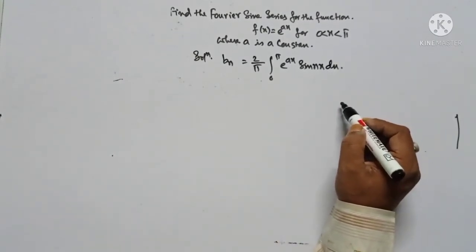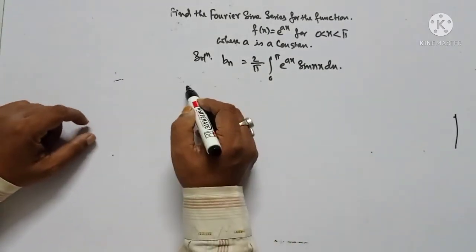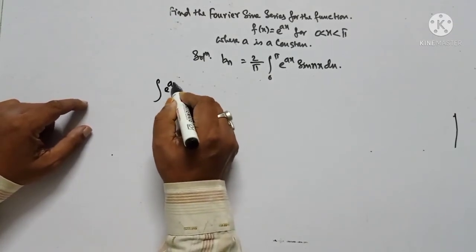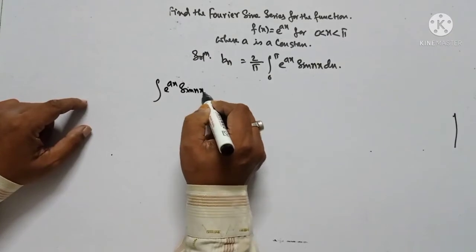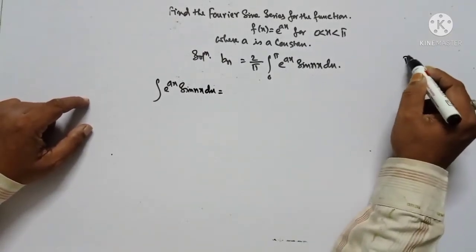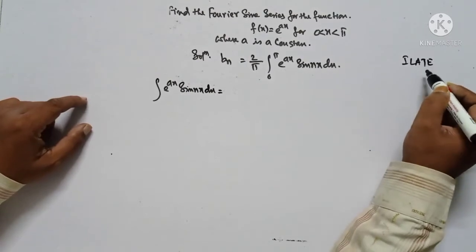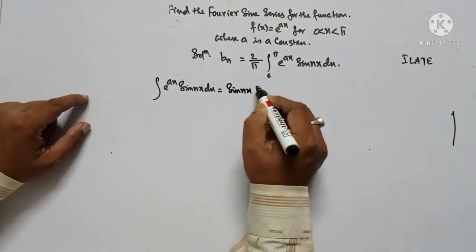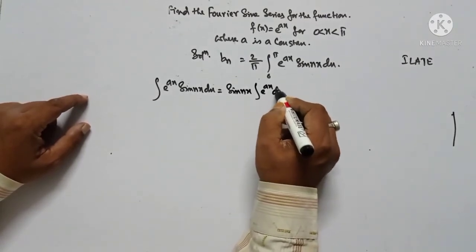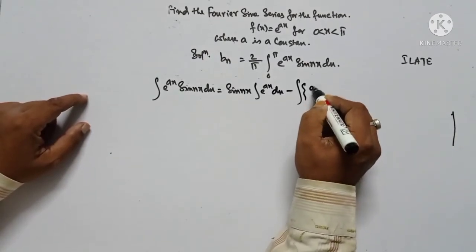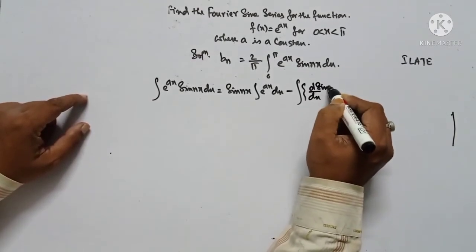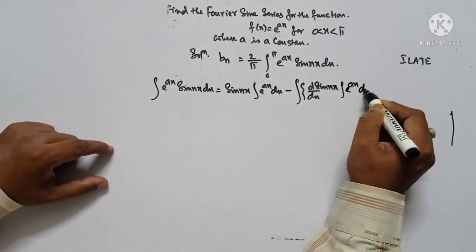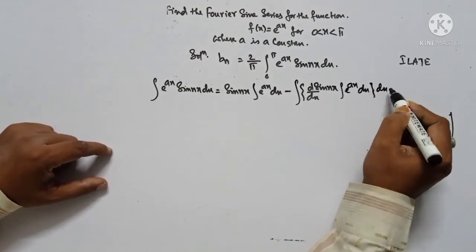Now let me solve it. First I'm going to do it separately, and then I will place the result here. The integral of e to the power of ax sine nx dx, using ILATE, trigonometry is the first function, so this will be sine nx times the integral of e to the power of ax dx, minus the integral of the derivative of sine nx times the integral of e to the power of ax dx.